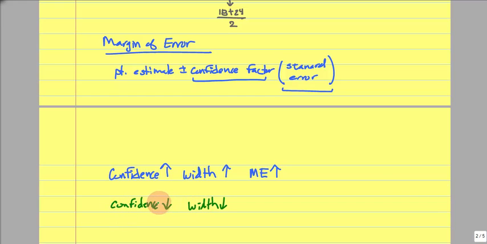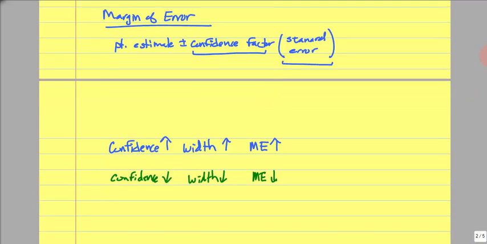But I can say I'm only about 60% confident with that. So that tells you that I'm really not that confident, and so that means my width can decrease because I'm not very confident about it anyway. Well, if this happens, the margin of error decreases as well. So these are some good things to know about a confidence interval.